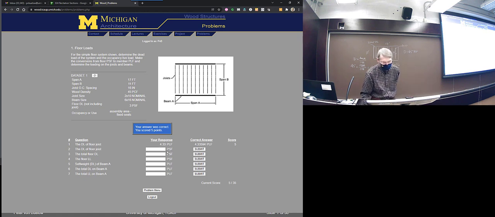So to get that into PSF, we take the PLF, right, this load, times I think it was 12 over the on-center spacing. So that would be 4.33, and it's 16 inches on center, so we're going to reduce it a little bit, right? Okay, so what's that come out to be?